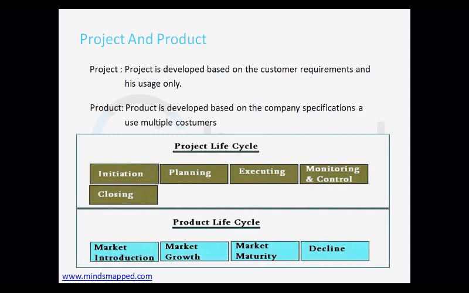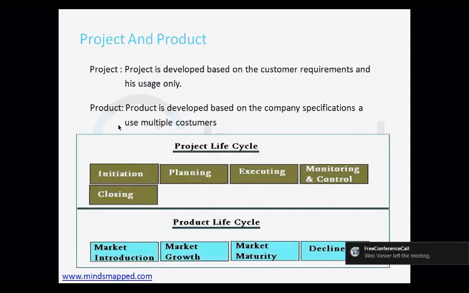So once it comes into a project, as I asked about the appointment system, right? Because you have used the appointment system, which is used only for that particular company, right? If you go to another hospital and look for an appointment system, they won't have the same appointment system. So a project is actually a customized product, which is developed on the basis of a customer requirement, right?